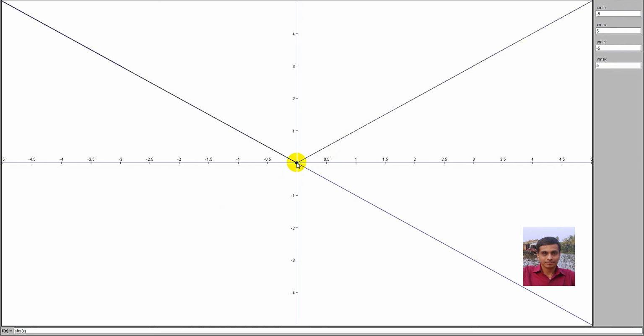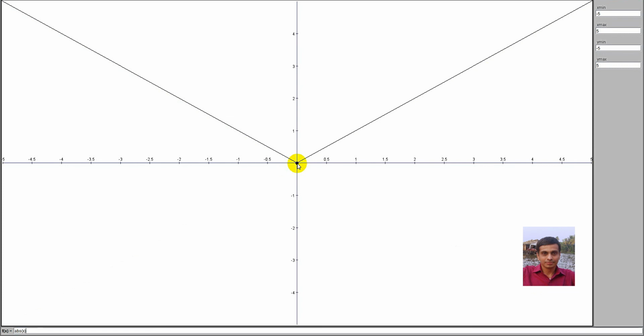What is a tangent line? Recall, a tangent line is a limiting position of a secant line, and hence the function mod x is not differentiable at x is equal to 0.